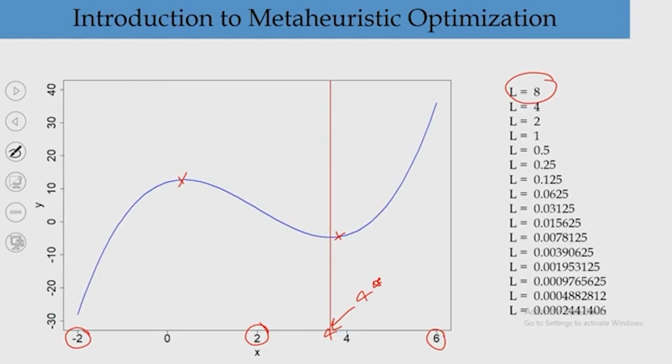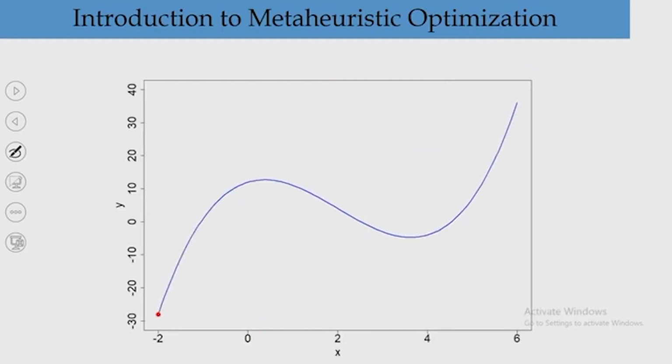You can apply it and you will get one of the local optimal solutions. This is a non-convex function and I have applied the region elimination technique, though it was designed for a convex function, but I can apply this algorithm on a non-convex function and I will get this particular solution.